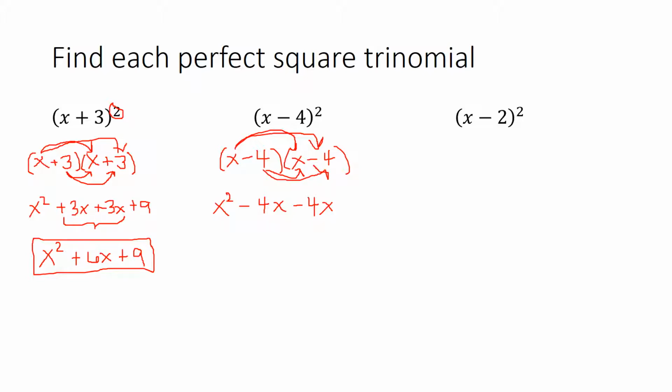And last, we have negative 4 times negative 4, which is a positive 16. Now that we're done multiplying, we'll combine like terms in the middle, and we end up with a product of x squared minus 8x plus 16.